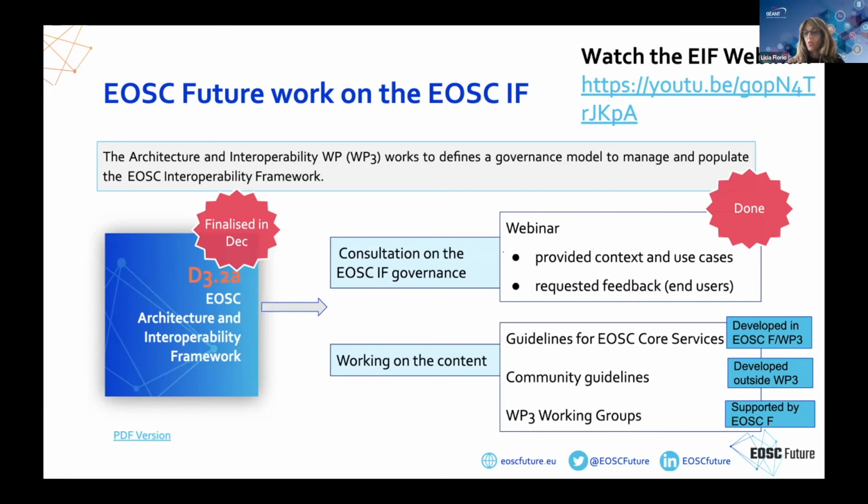But there is work where we really need the community, because as you know, five services are not really enough. There is much more out there, and there are community guidelines and best practices that are developed by the clusters, by the communities, and we want to really promote this as the EOSC interoperability framework.